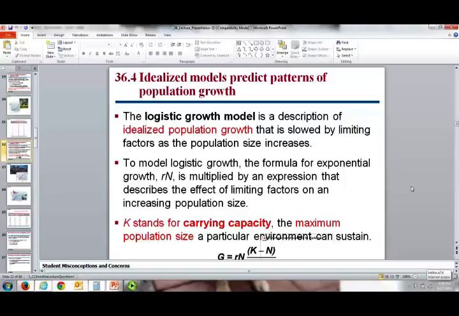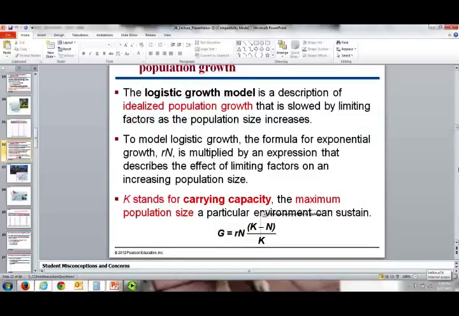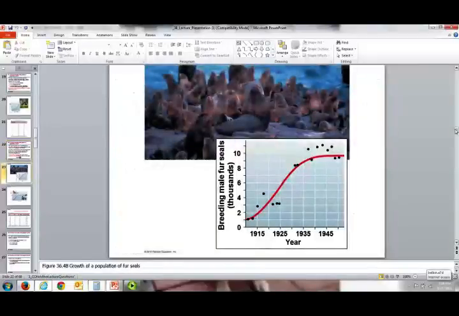I'm going to see if I can get this to scoot up a little so you can see the whole equation. Here your growth is going to equal rN times K minus N over K. Again, this is an equation that you look at in terms of explaining the relationship, not something where you're going to be calculating any of these numbers.